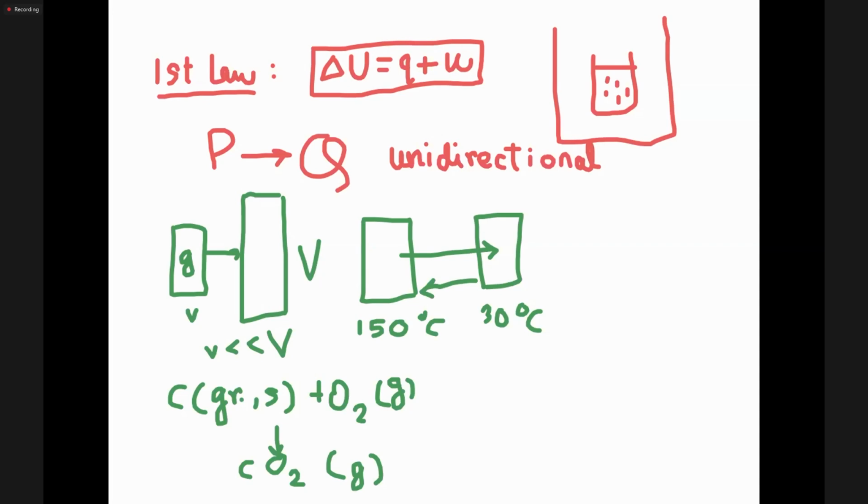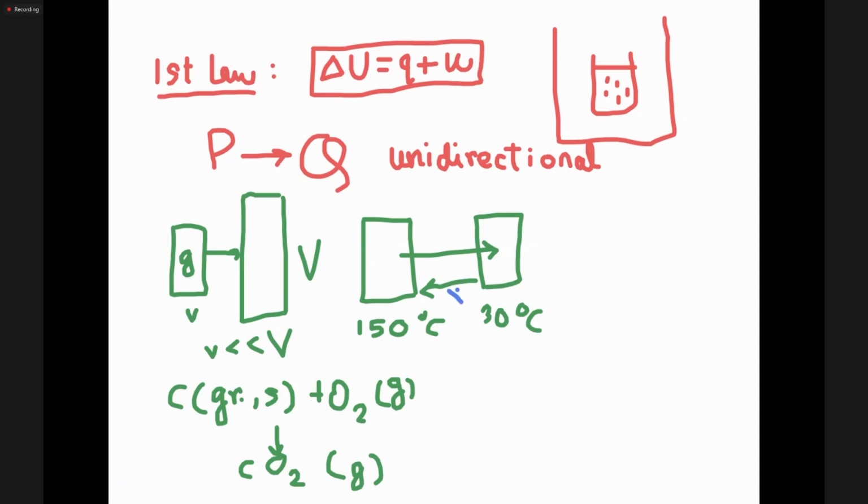So that's why when the gas is in a smaller volume, it will expand into a larger volume. So the process is spontaneous. But the reverse process, that is the gas flowing from a large volume container to a low volume container, is not spontaneous. So these and many other spontaneously occurring changes in our atmosphere show unidirectional flow or unidirectional process. Unidirectional means it will specifically occur in one direction.